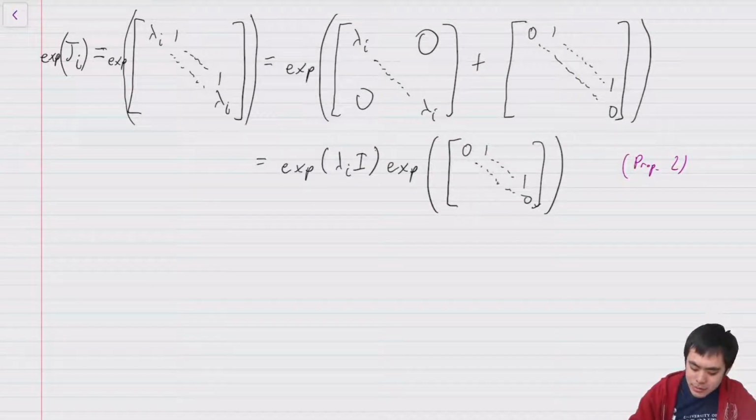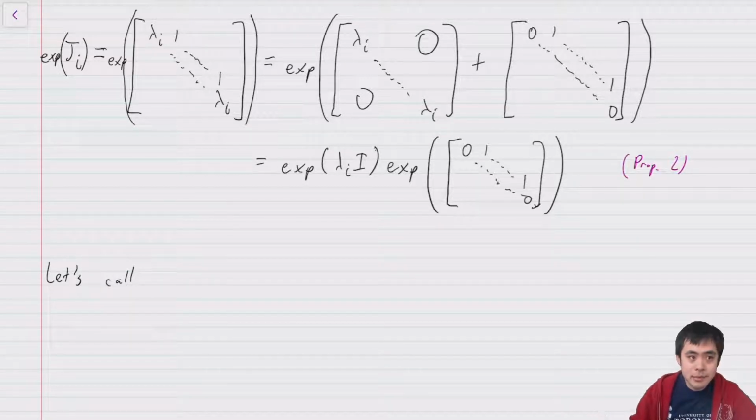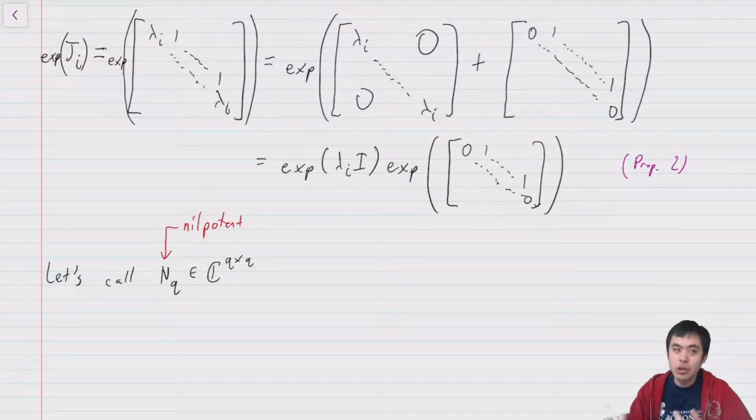Let's go ahead and give this matrix a name. I'm going to define a series of matrices, which I'll call N sub q, which are q by q matrices. They're real, but since we're working with complex matrices, let's keep everything in the complex matrices. I'm using the term N for nilpotent, which means that as you take matrix powers, eventually it'll all be 0, but that's a technical detail you don't need to worry about.